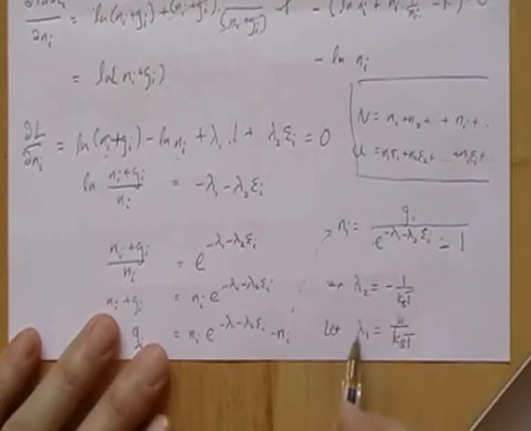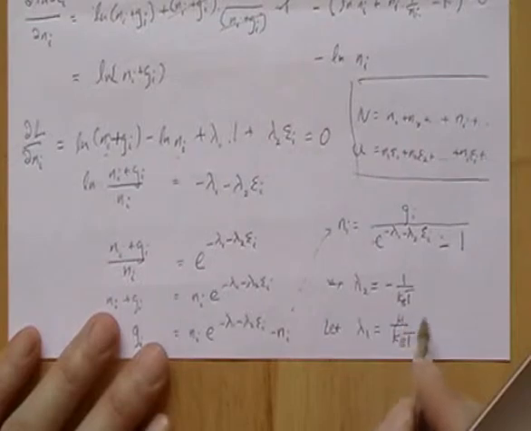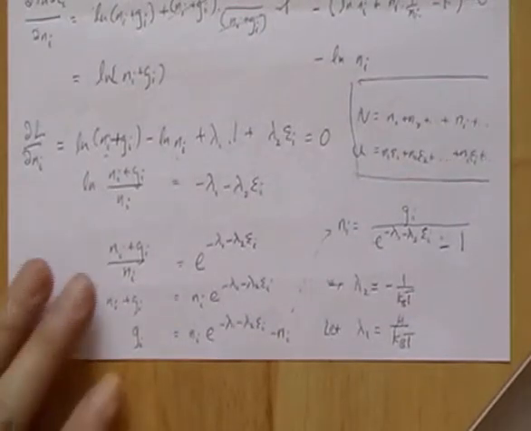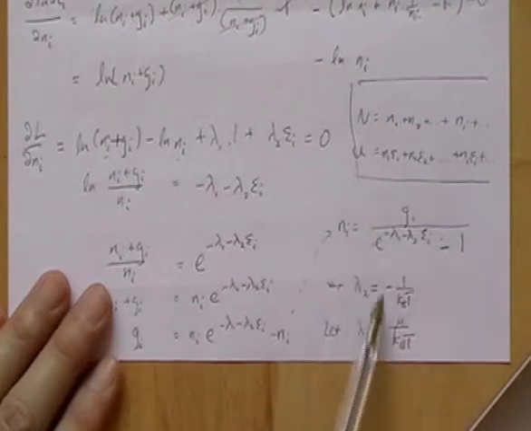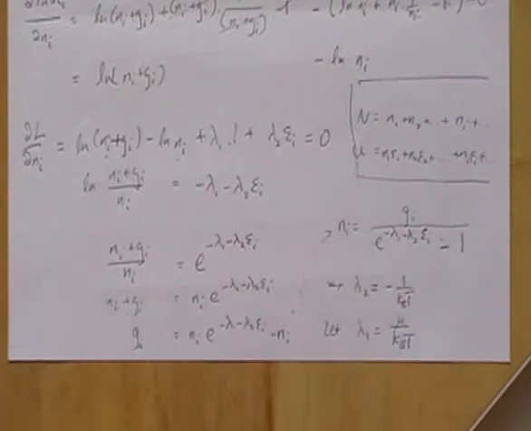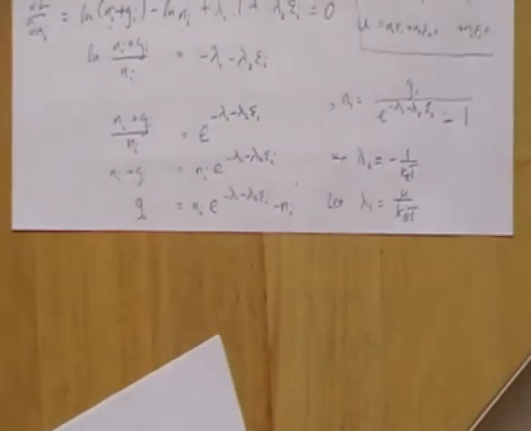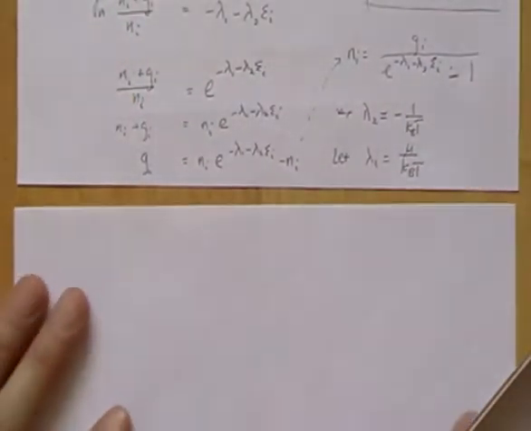So we are just going to express this unknown in terms of another unknown called mu, which is called the chemical potential. Okay, so this means that we can now write this expression in terms of those two. So let's do that. Start on a fresh piece of paper.